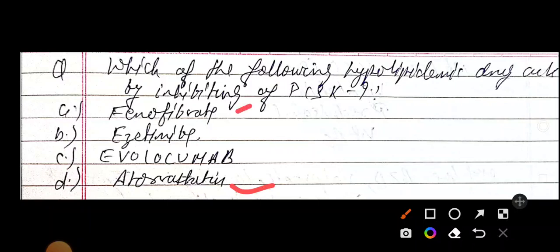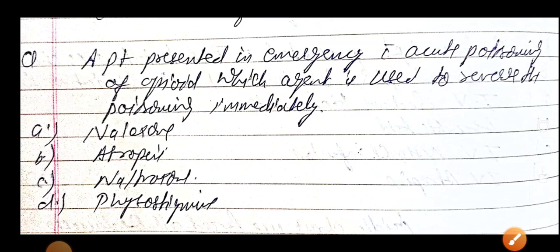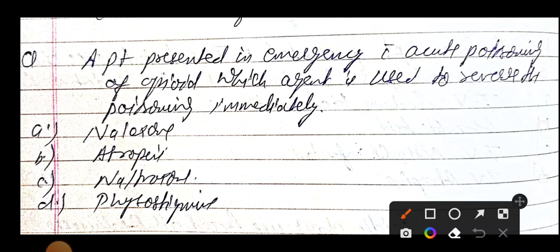So the answer here is evolocumab or alirocumab. These two drugs act as PCSK9 inhibitors.